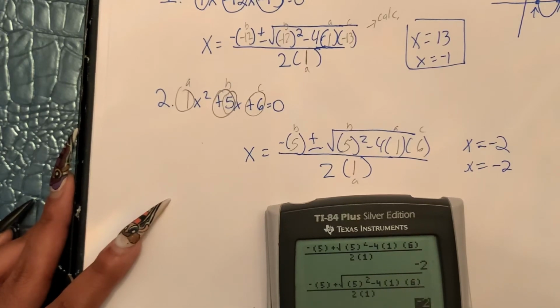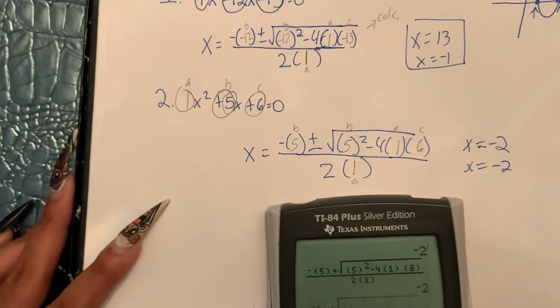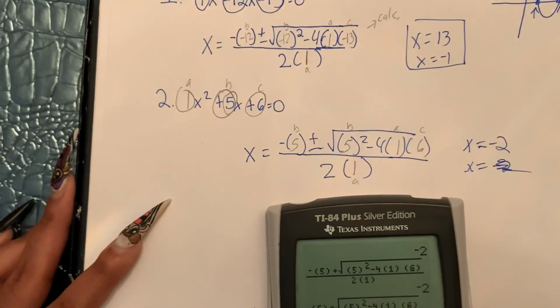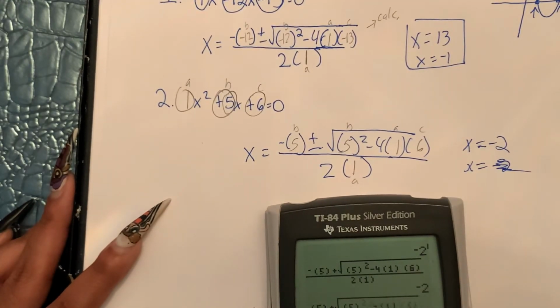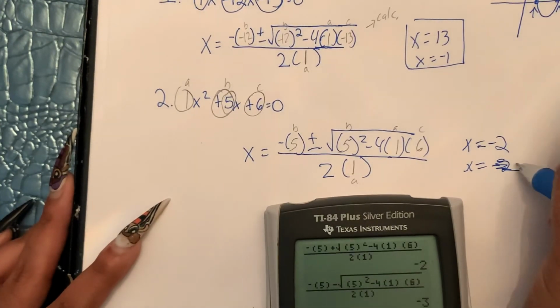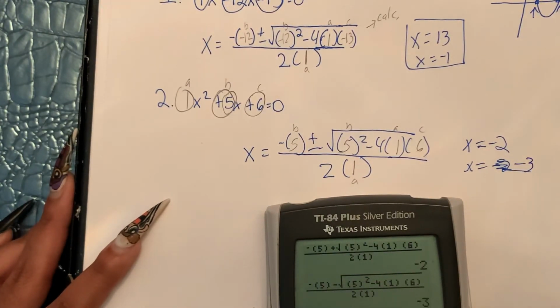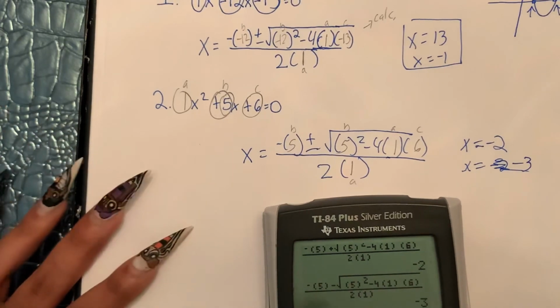Oops, sorry, I didn't change it. Wrong. Minus, enter, -3. Okay, that's what you're going to do on your assignment.